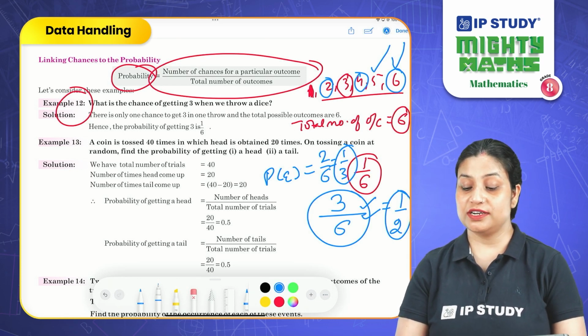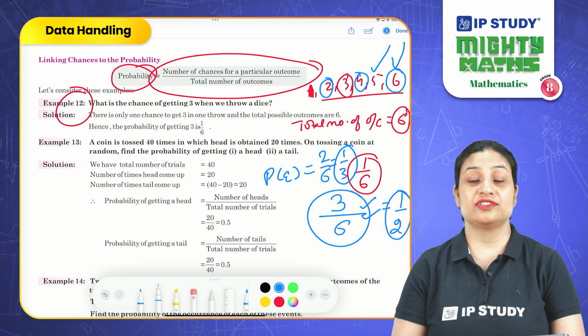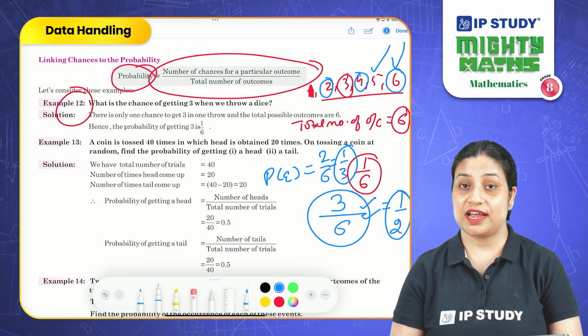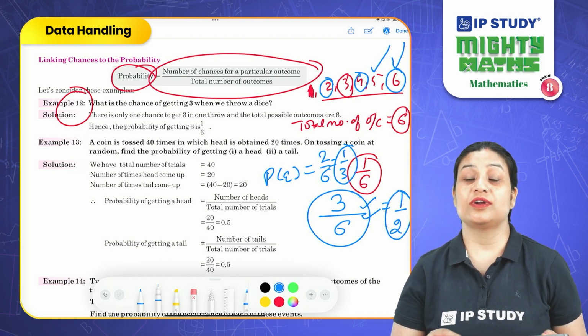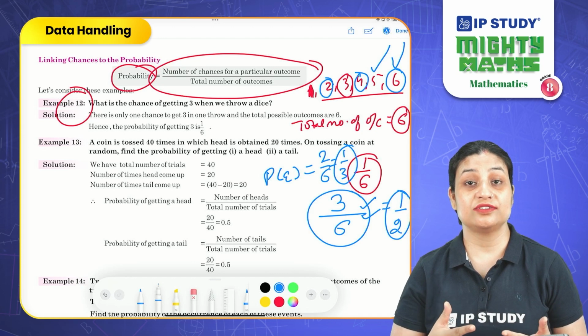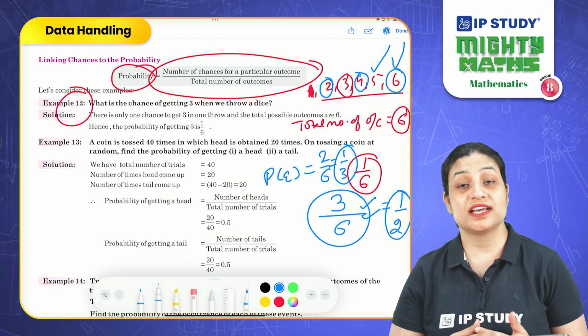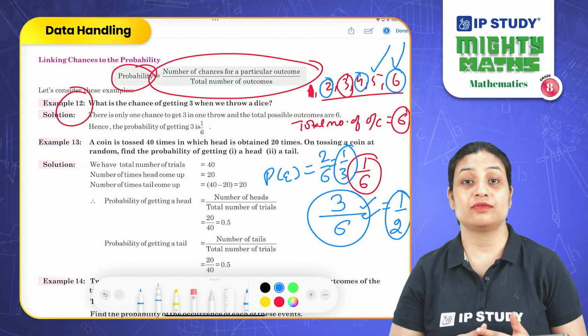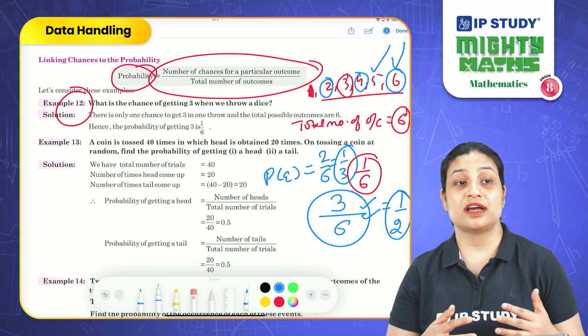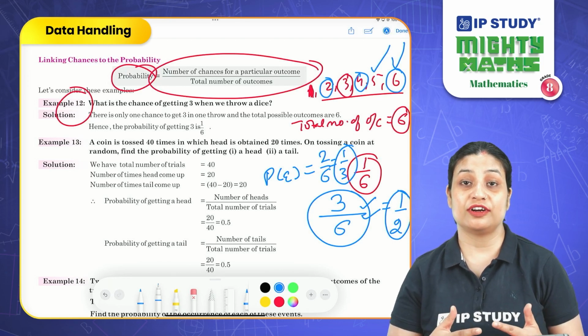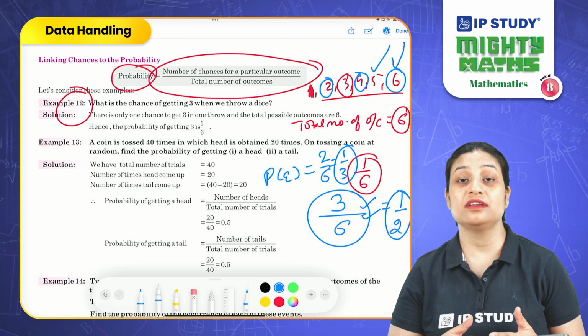So dear students, what we have discussed in this lecture, we have discussed what is data handling. Then we have discussed what is a pictograph, how to represent data using a pictograph, and how to read a pictograph. Thereafter, we have discussed bar graphs, how to draw a bar graph, and how to read a bar graph in order to find out the important information.